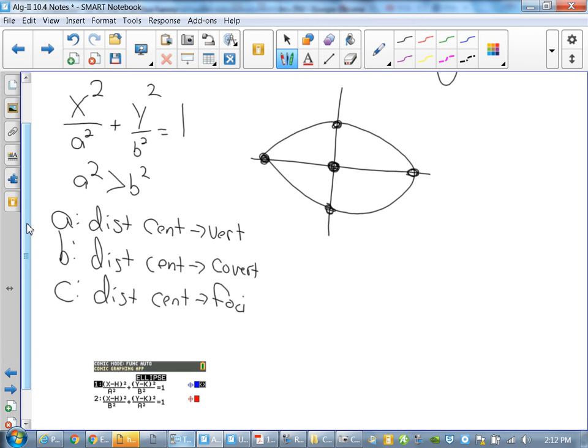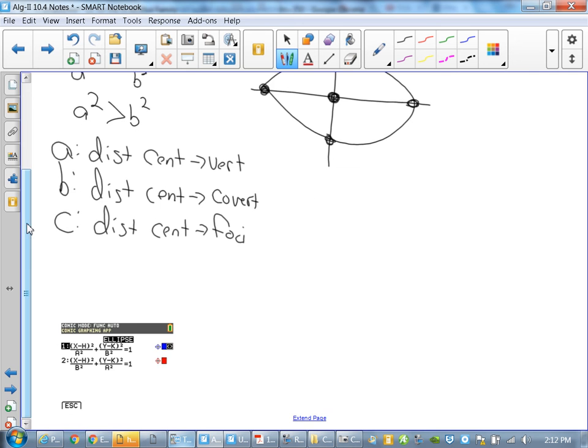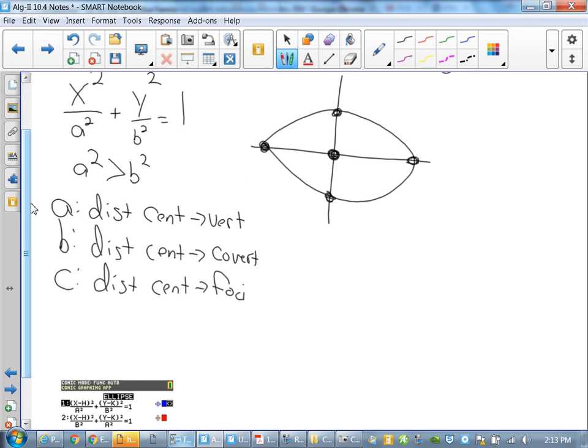So if they're going to be inside one another, will that value of C be greater or less than A? Less. I shouldn't say less, it should have a smaller absolute value. It'd be closer to the center. Right? So how we find this value of C for an ellipse is this.